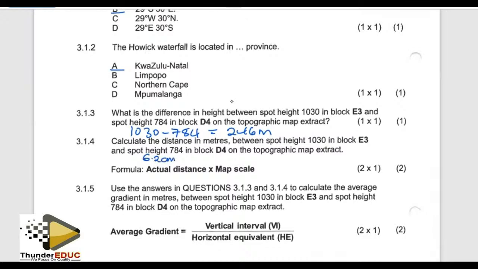We need to convert it to meters according to the scale, which will be 500 since we are using a topographic map. So 6.2 times 500 gives us 3,100 meters. Okay.